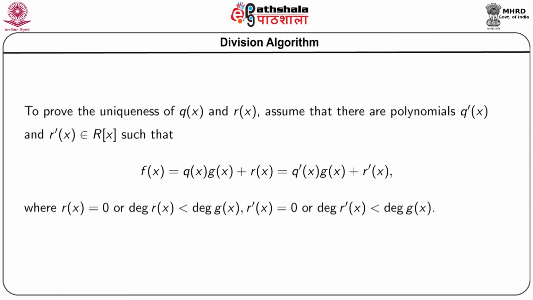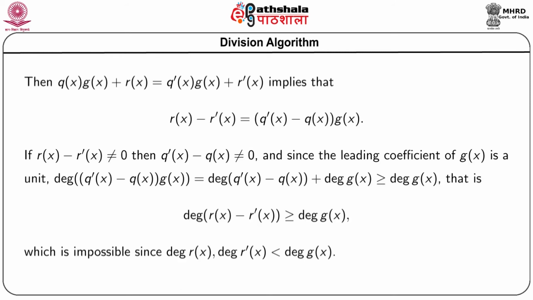Now, we are to prove the uniqueness of q(x) and R(x). Assume that there are also polynomials, say q'(x) and R'(x), such that f(x) equals q'(x) g(x) plus R'(x), and R'(x) satisfies the desired conditions.